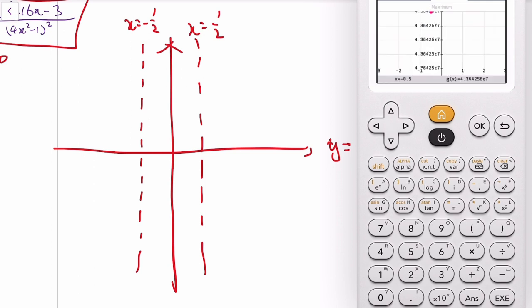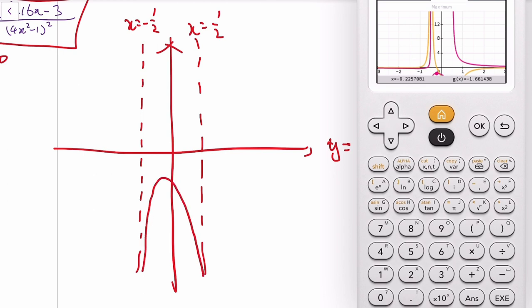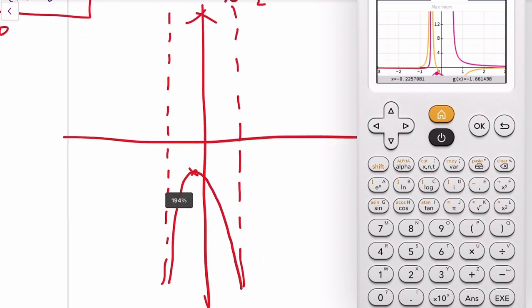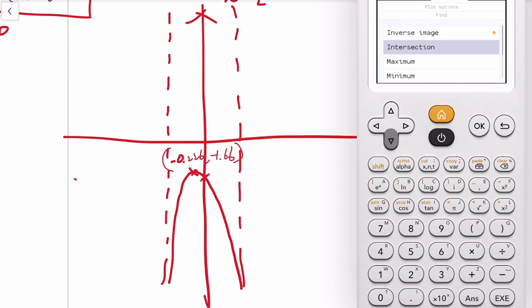So maximum, whoa, what's going on? What's the other one? That's the one that I want. Remember the shape was something like this. This point with the maximum is negative 0.226, negative 1.66. I will need the y-intercept as well.